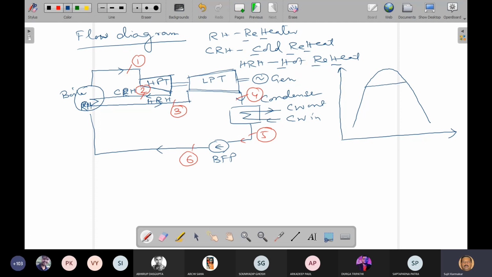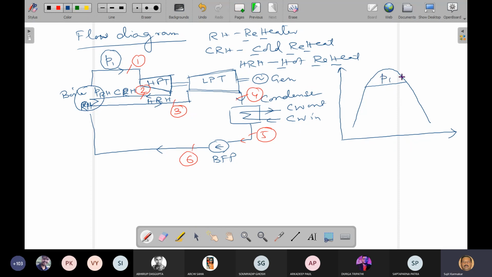Here one point you should remember, this is entered at a pressure which is P1. And whatever is coming at this part is called PRH, which is the reheat pressure at which it is entering.